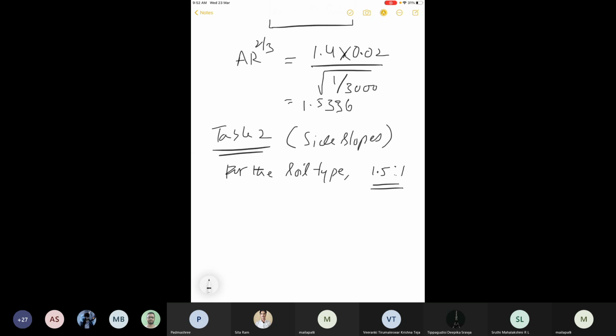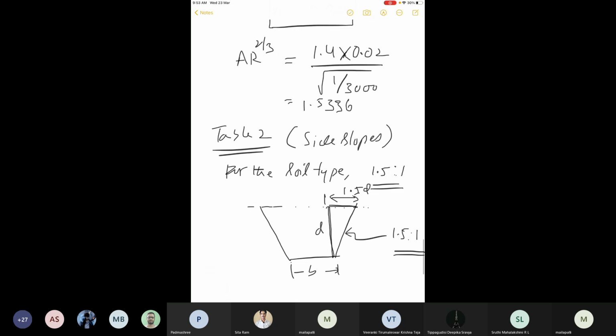So now, suppose you have a trapezoidal channel with side slopes of 1.5:1. So that means this is B and this is D. So this portion will be 1.5D. Okay, this horizontal portion will be 1.5D. So this is D, and this will be 1.5D based on the side slopes.